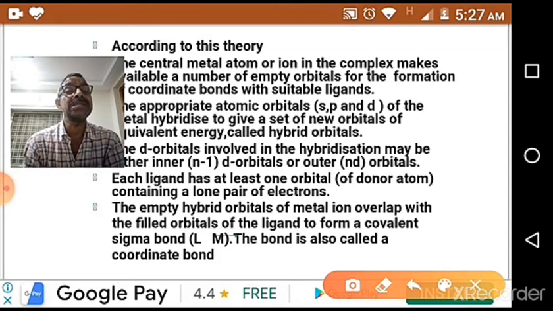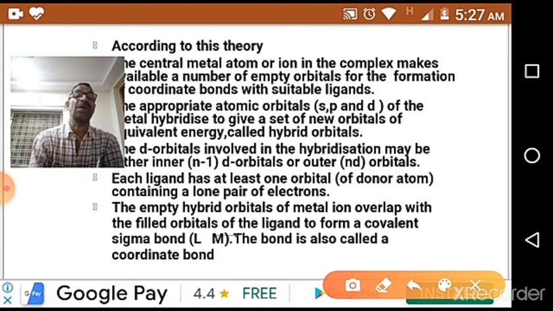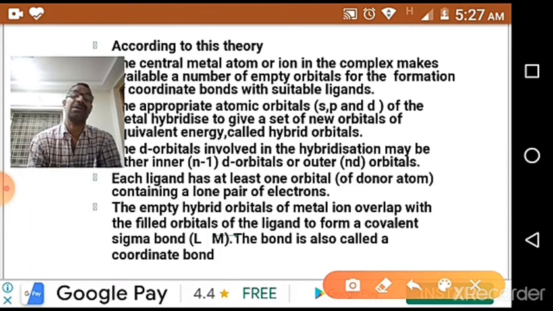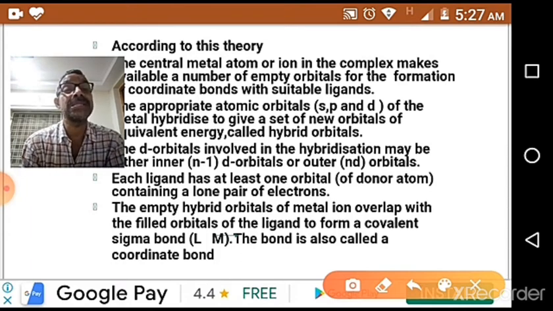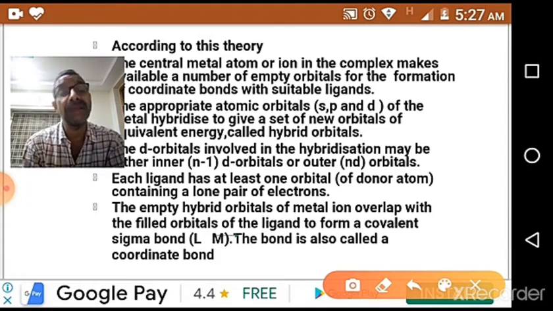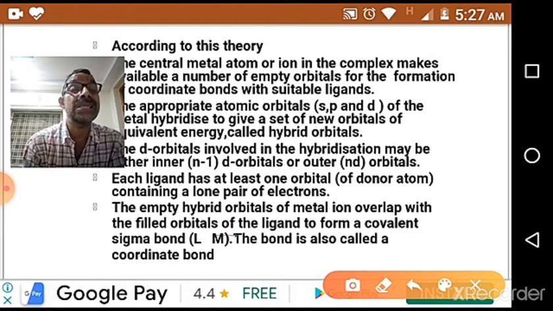A bond means interaction of orbitals; overlapping of two different orbitals of different atoms should occur. As per this theory also, a coordination bond forms by overlapping of an empty orbital of the metal and an orbital of the ligand which has a lone pair of electrons.